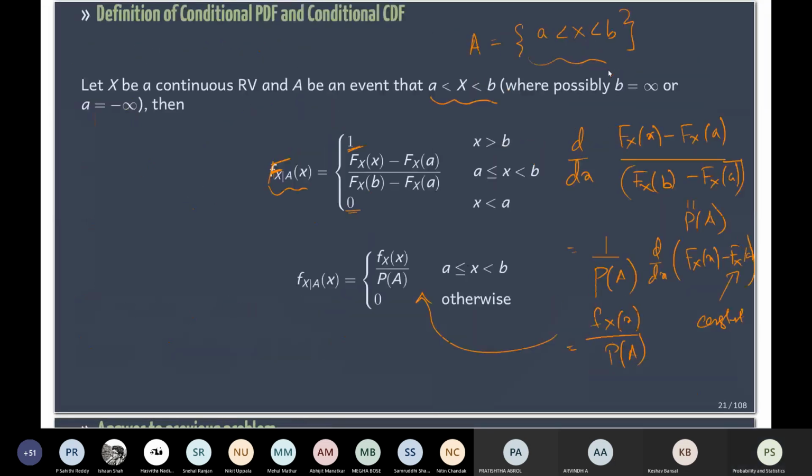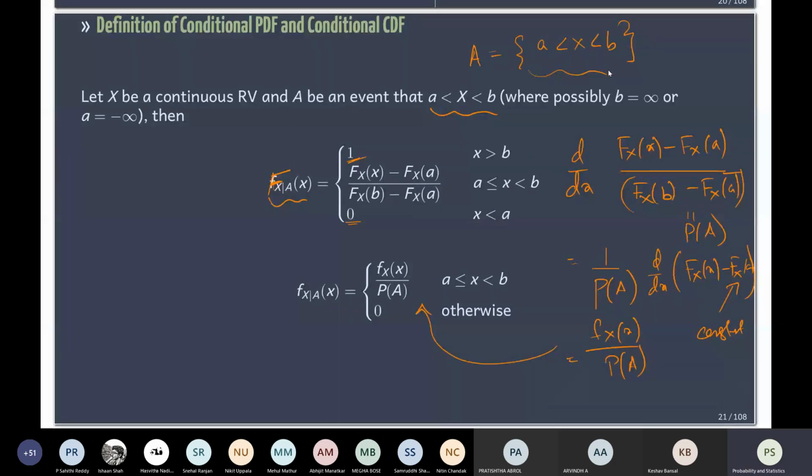Okay, so this is the conditional we have. F_X(x | A) we can write as F_X(x) minus F_X(a), divided by P(A), where a is the lower bound here and b is the upper bound.